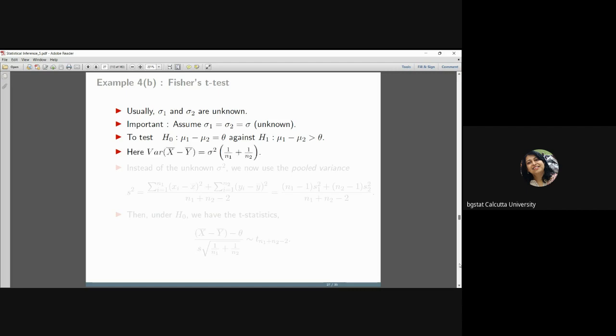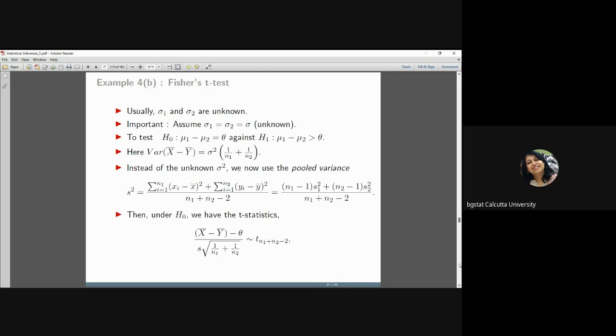If I do that, then it turns out that this quantity on the last line, x bar minus y bar minus theta divided by sigma times the square root of 1 over n1 plus 1 over n2, would follow a normal distribution.